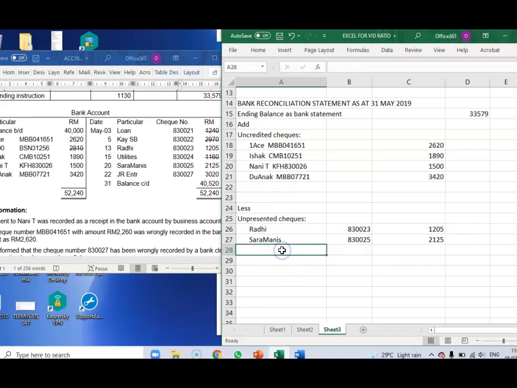And the last one is for JR Enterprise. The check number for JR is 27, and the amount is 3020.